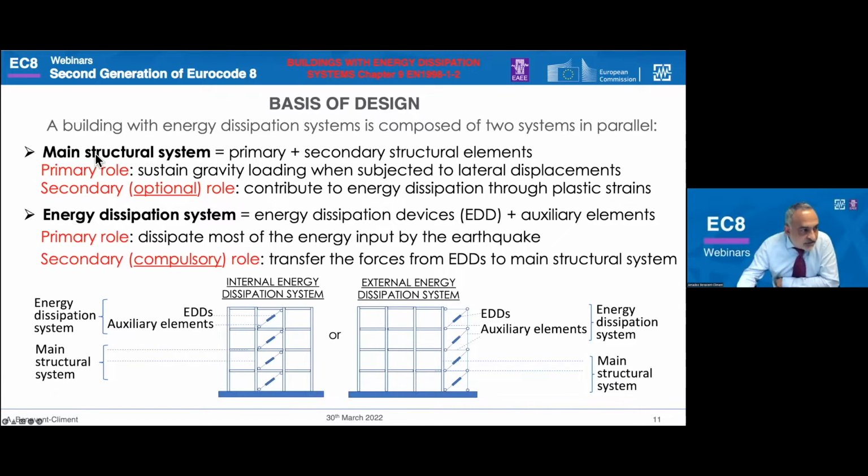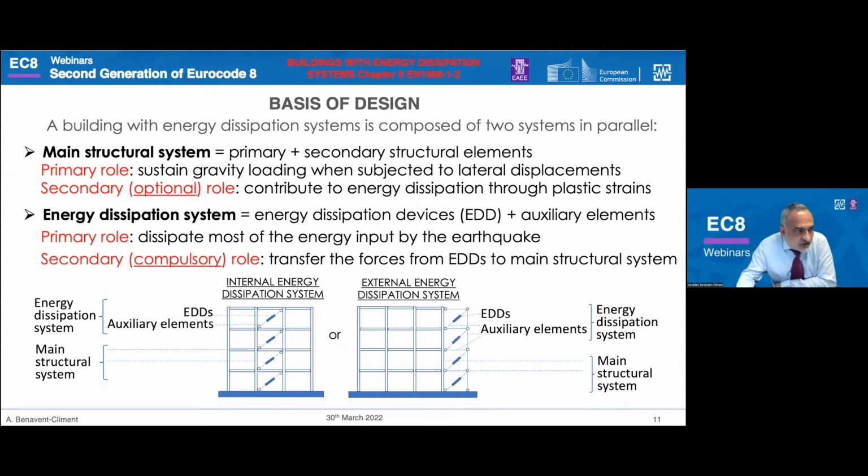The main structural system includes the primary and the secondary structural elements, and its primary role is to sustain the gravity loading, and optionally, if the designer decides to mobilize that, the main structural system can contribute also to dissipate part of the seismic input through plastic deformations on the primary structural elements. Allowing some plastic deformations on the main structure can reduce the demands on the energy dissipation devices, and therefore reduce the cost of the energy dissipation system at the expense of increasing the reparation cost of the main structure after a severe earthquake.